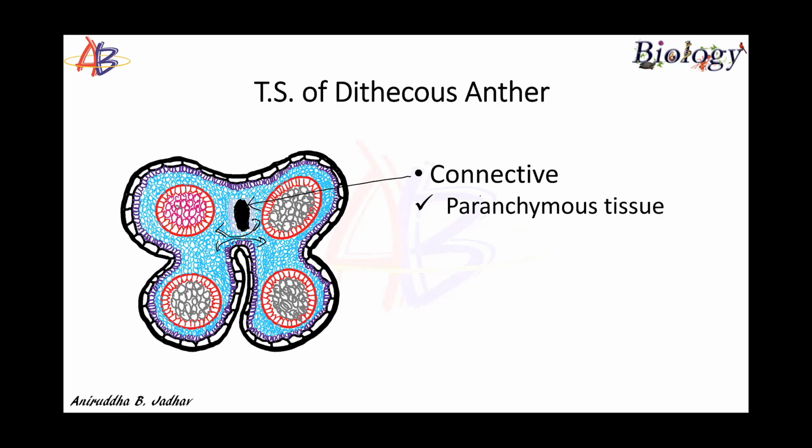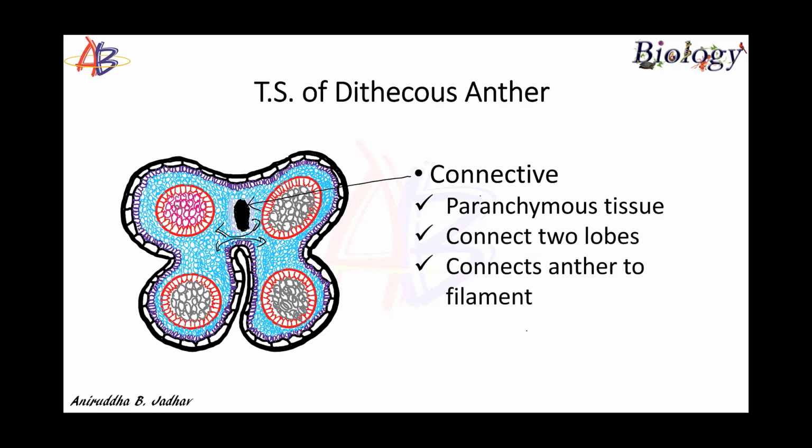Not only this, connective is also involved in attachment of the filament and anther. So the filament part of stamen gets attached to the anther part with the help of connective.